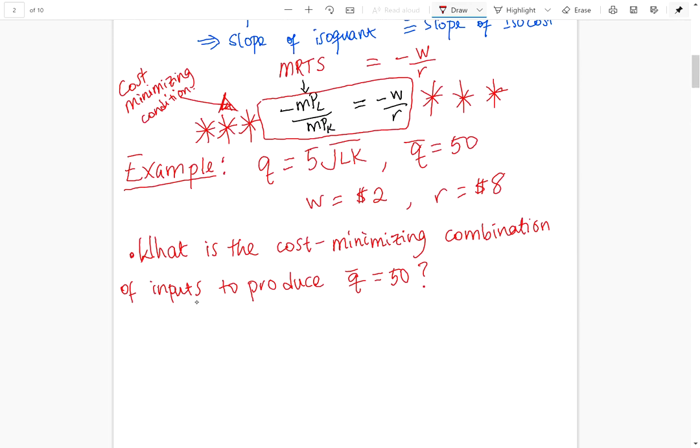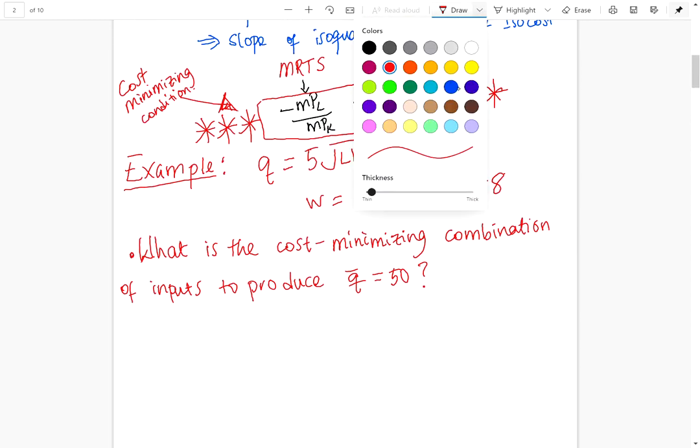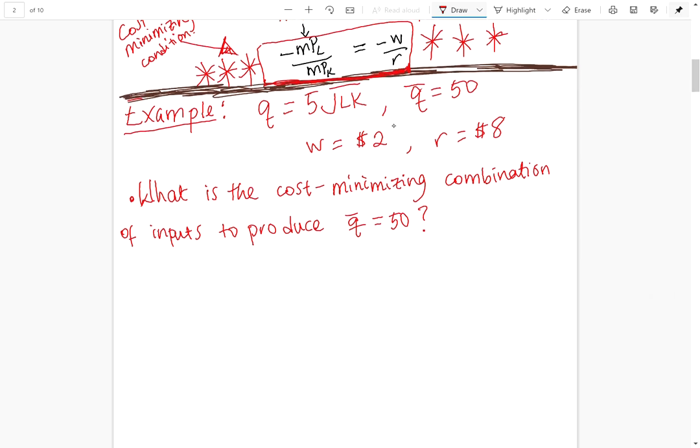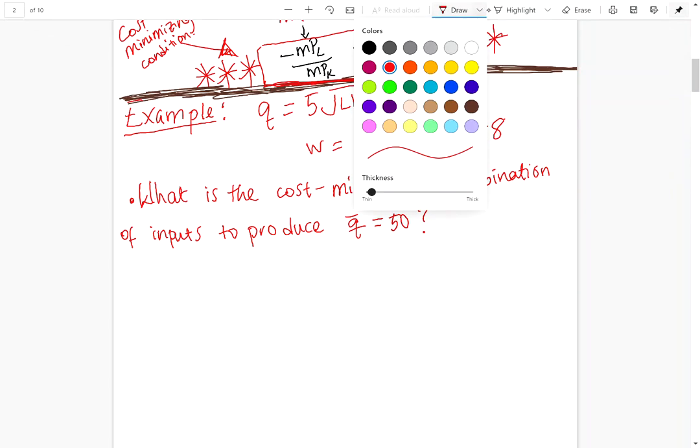Okay, it's unfortunate that the color that I've used to show this extremely important thing is the same color that I wrote the example in, but we march on. So we've just derived and noted what our cost minimizing condition is, and we have an example. In this example, we're given a production function.